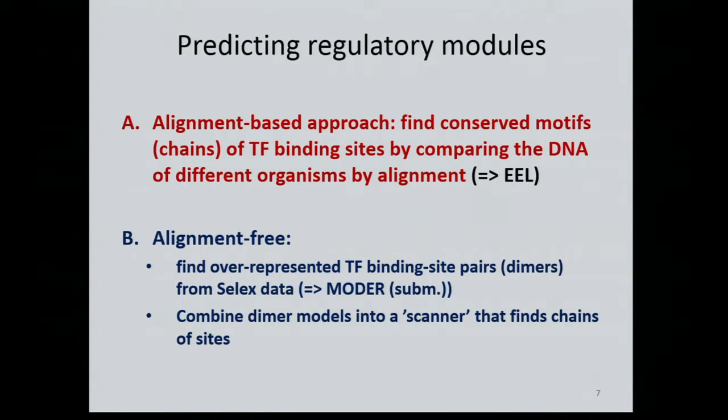As I said, the alignment-based approach is comparative genomics, and we did some work on that some years back, and the resulting tool is called EEL, Enhancer Element Locator, which aligned corresponding areas of genomes from different species and tried to find conserved sequential patterns of individual motifs there.